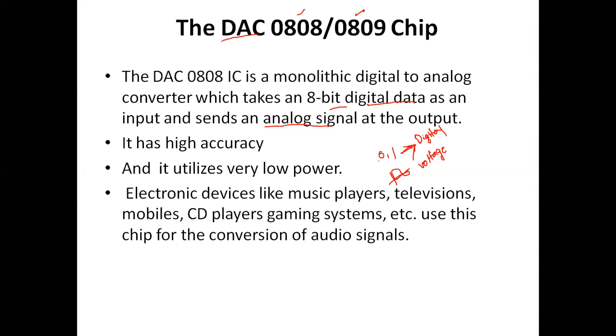Everything will be done by the computer. Suppose if you want to run a speaker, we need to convert the digital signal into an analog signal. For this we need the DAC 0808, which is basically a digital to analog converter. So that is the purpose of this DAC 0808.